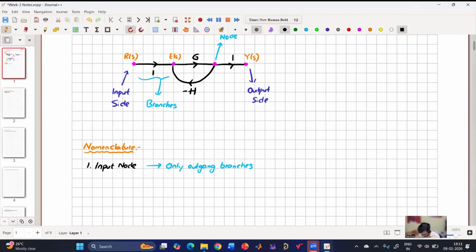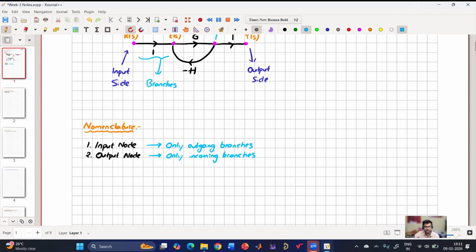And similarly, there is something called the output node, which has only incoming branches. Like Y of S. In the above example, only incoming branch is there, no outgoing. So that is the output node. Basically, I should stick to the nomenclature and should have called it node.